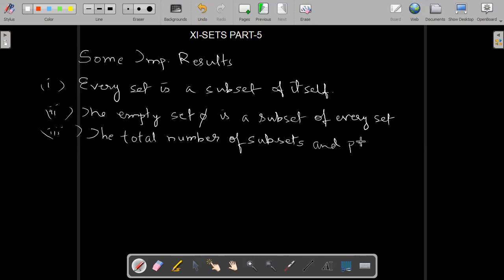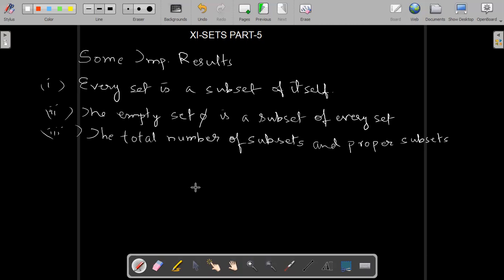And subsets and proper subsets, because the number of proper subsets will be one less than that.